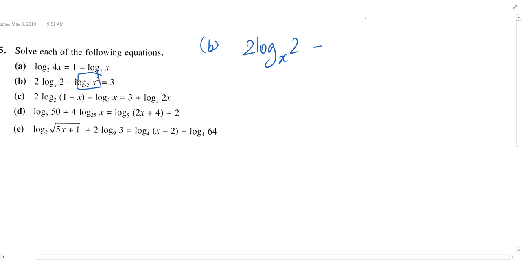Actually, he's saying that we bring the 2 down first, 2 log base 2 x equals to 3, right?